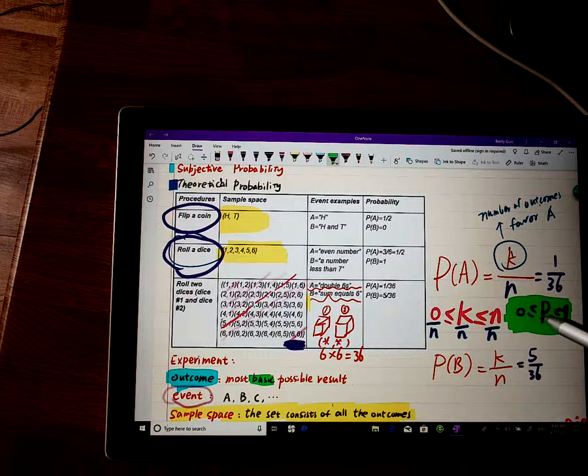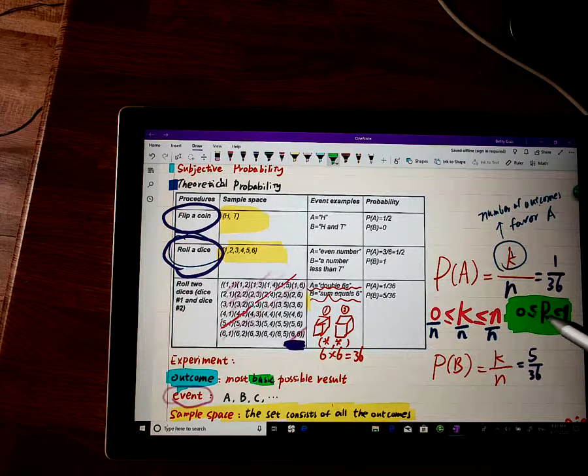The same as your weight, your height, your blood pressure. Those are numbers, right? Those numbers measure certain features of you. Same thing here. Probability is a number. It measures the likelihood of an event, or the chance of occurrence of an event.